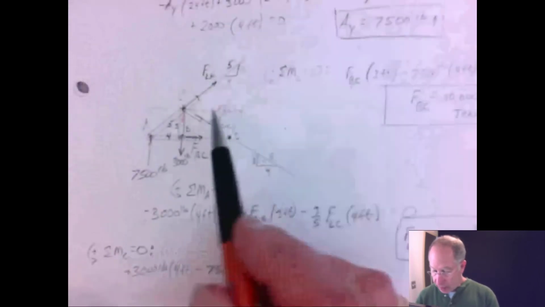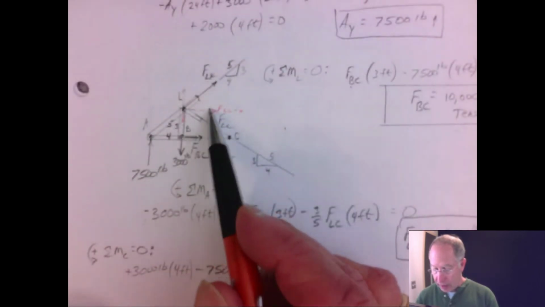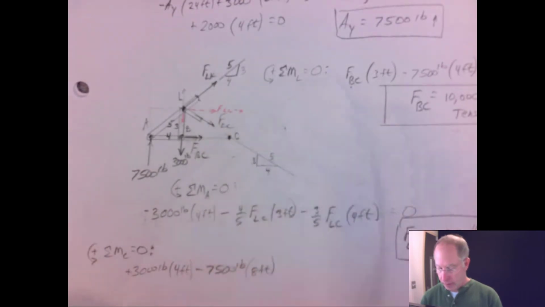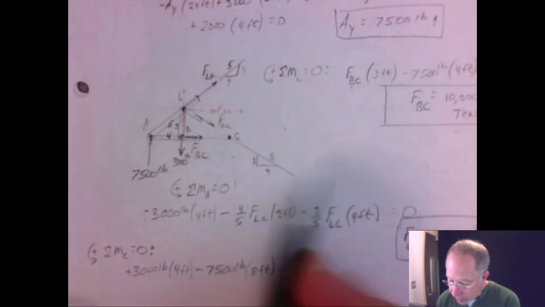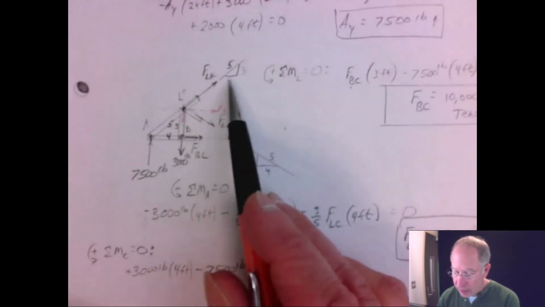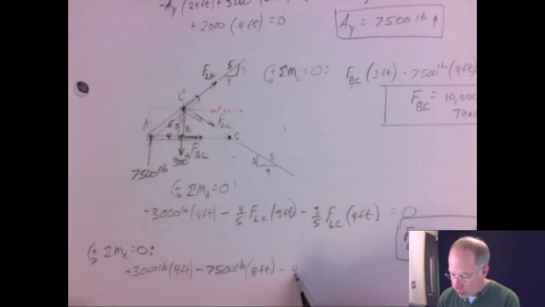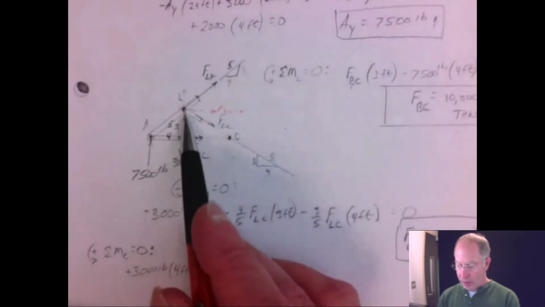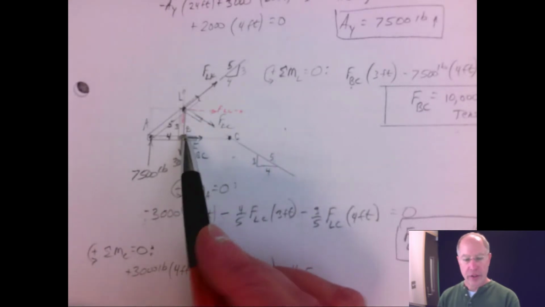And then the X component of FLK causes a negative rotation about C. The X component is 4/5 FLK, and its moment arm is this vertical distance, 3 feet.